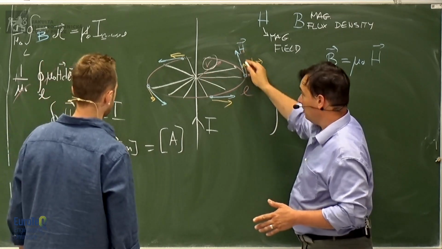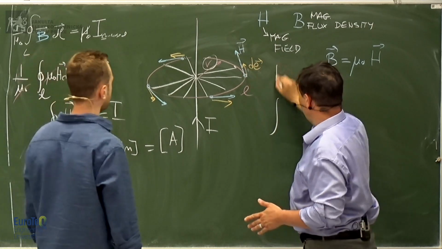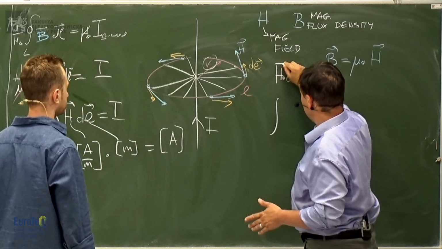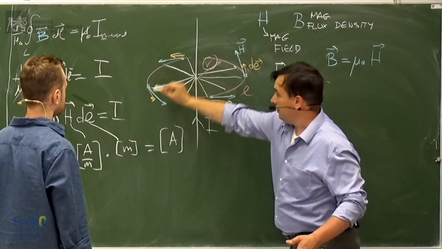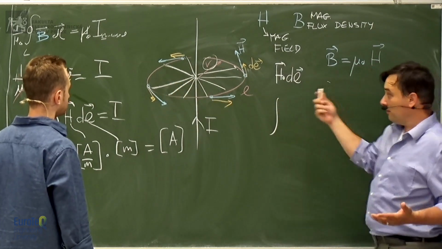Here we have an H which always has the same direction as dl. When you calculate H dot dl, they are always parallel because they are both tangent to the circumference.